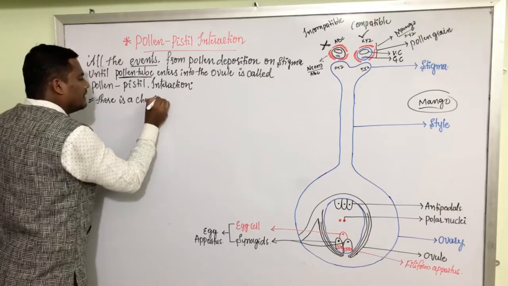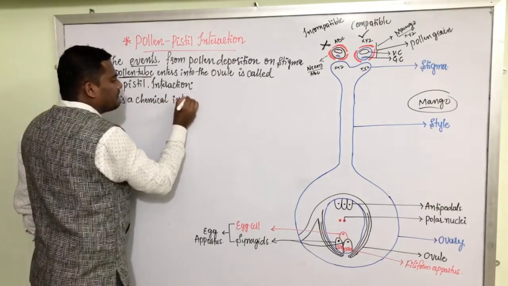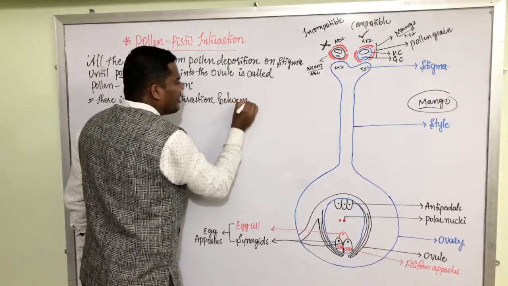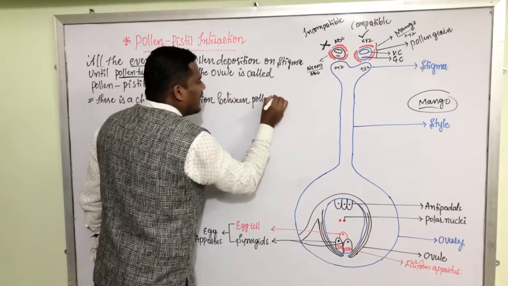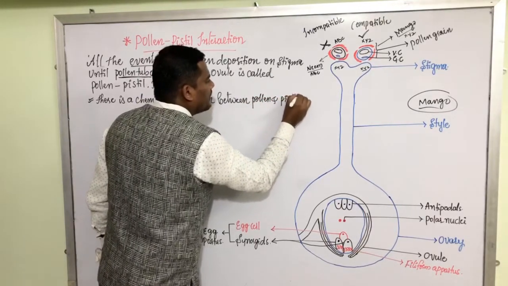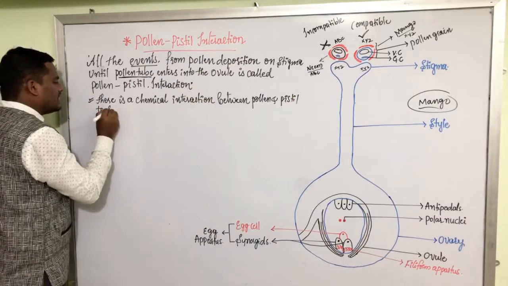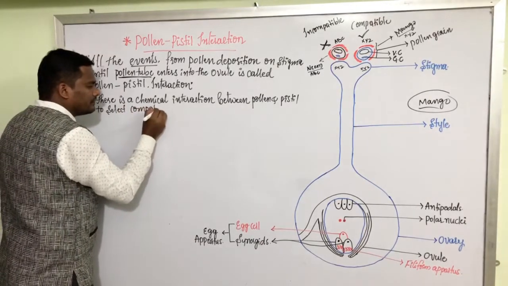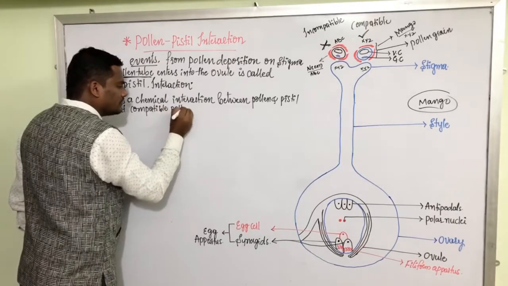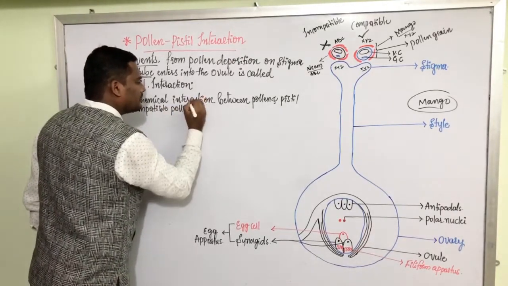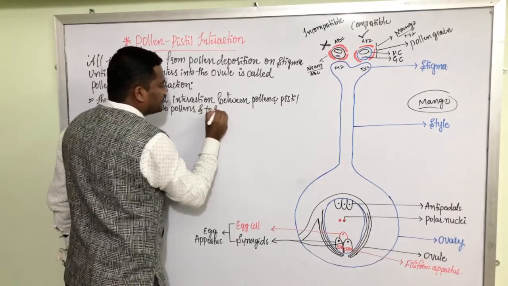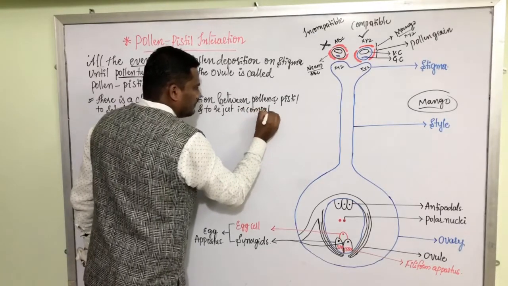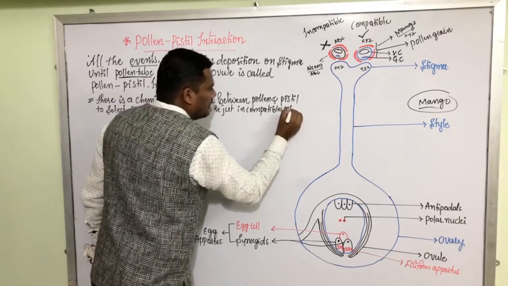There is a chemical interaction between pollen and pistil to select compatible pollen grains, compatible pollens, and to reject incompatible pollens.